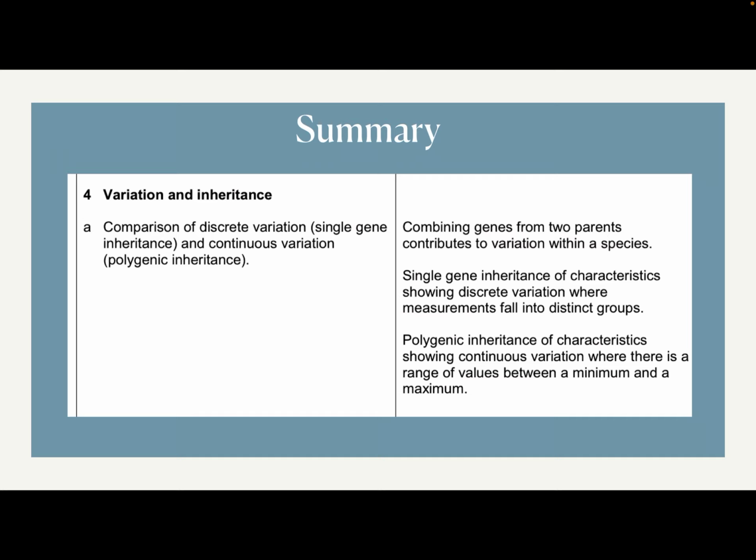Single gene inheritance of characteristics always show discrete variation, which means, and this is the SQA definition, they can be measured, so they're still measured, but they're measured into distinct groups. Polygenic inheritance, when there's several genes involved, always causes characteristics or phenotypes which have continuous variation, meaning that there's a range of values between a minimum and a maximum.